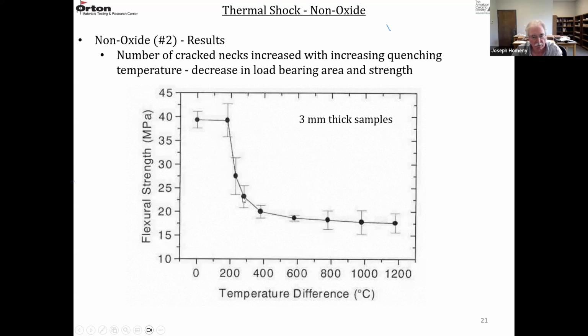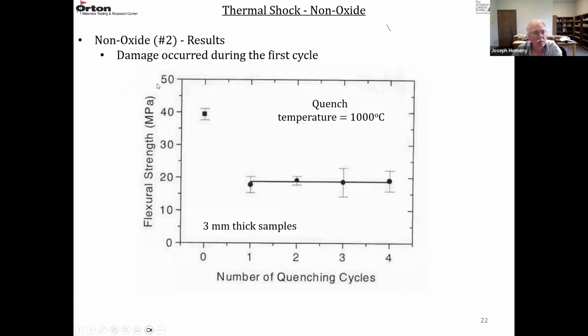So that's basically what's happening here. The neck regions are cracking, and at some point, the damage tends to level off. And they observed that the damage basically occurred during the first quenching cycle.